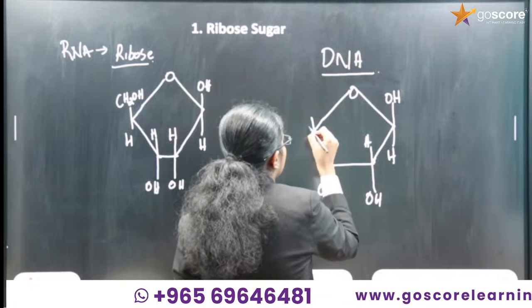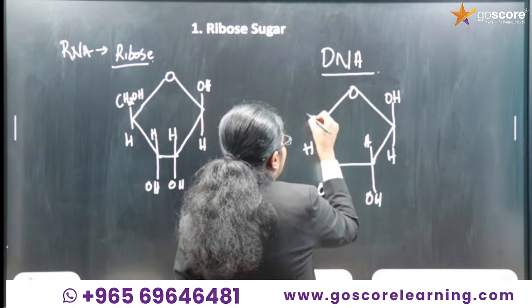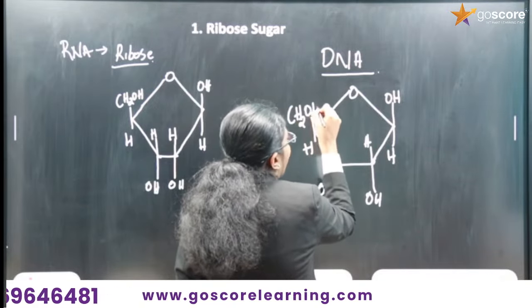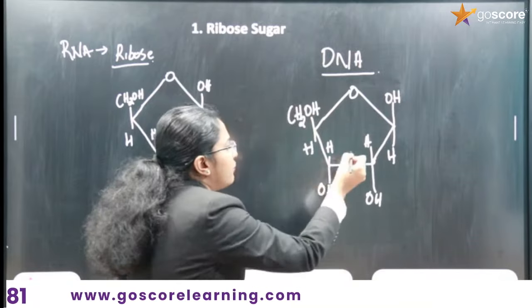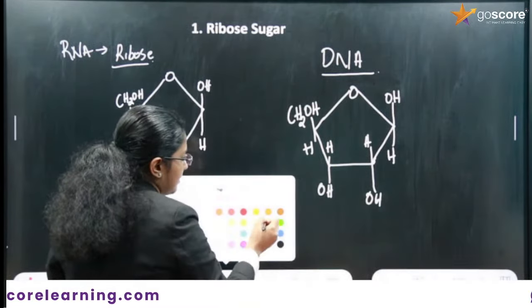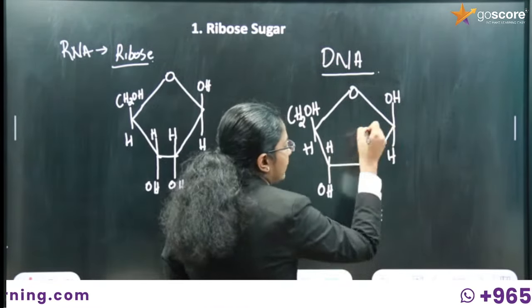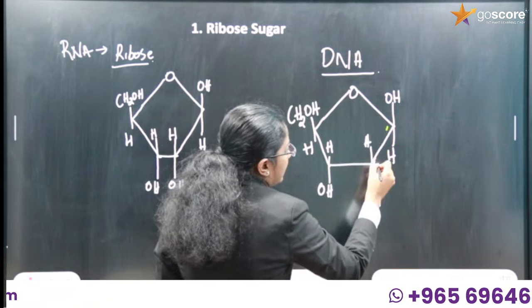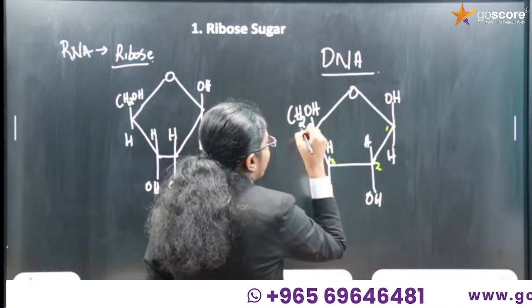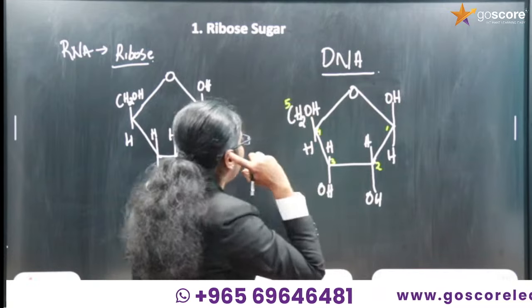At the fourth position, as I have said, it is connected with one hydrogen and then CH2OH. This is the first carbon, this is the second carbon, this is the third carbon, this is the fourth carbon, and this is the fifth carbon.